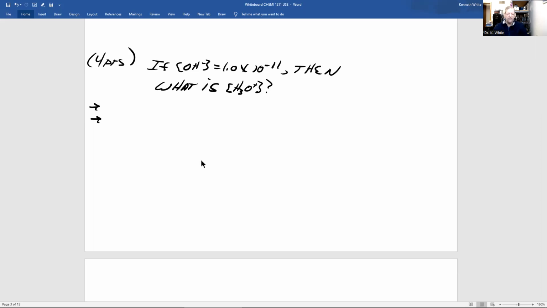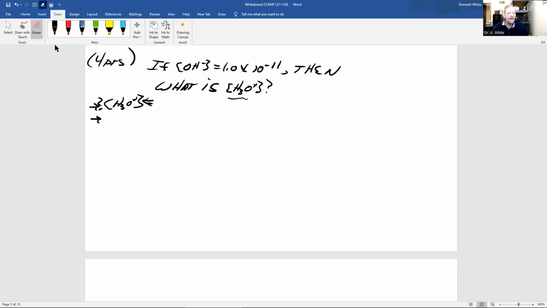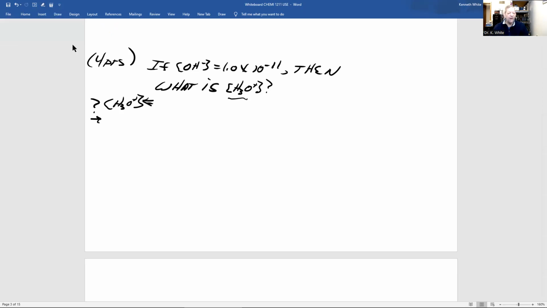All right, what are we being asked to find? Well, what is this? This is what we're being asked to find. And what are we given? This.